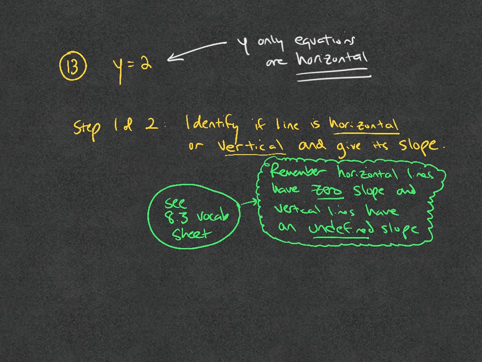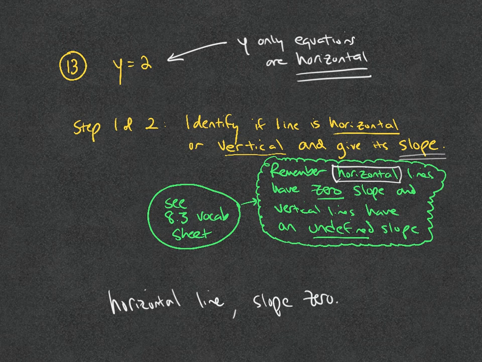So since this one is horizontal, we've determined it's horizontal, and the slope is 0. Not a whole lot to calculate there, just remembering that y equations are horizontal and horizontal lines have a 0 slope. That's it.